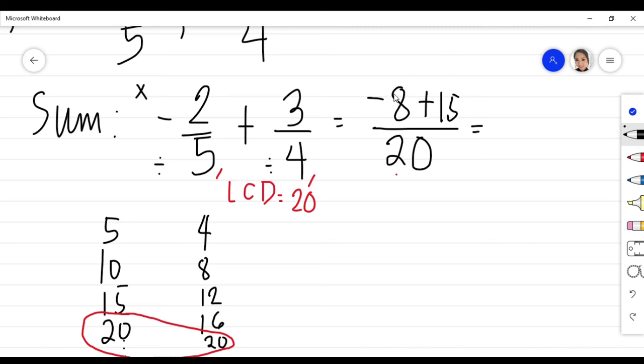Adding unlike signs, we subtract and copy the sign of the bigger number. 15 minus 8 is 7, and we follow the sign of 15 because 15 is bigger than 8, so it is positive 7. Then copy the denominator 20. So the sum of the roots is 7 over 20.